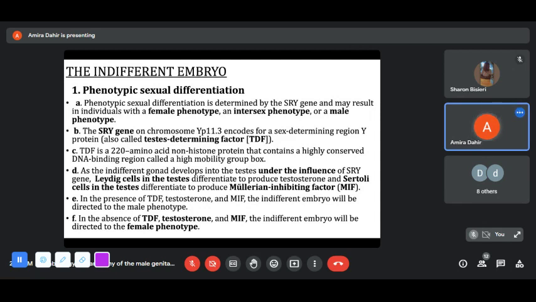Within it are Leydig cells, which produce testosterone, and Sertoli cells, which produce Mullerian inhibiting factor. In the presence of TDF, testosterone, and Mullerian inhibiting factor, the indifferent embryo will be directed to the male phenotype, while in the absence of the three, it is directed to the female.